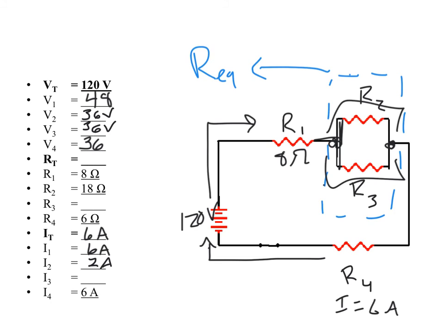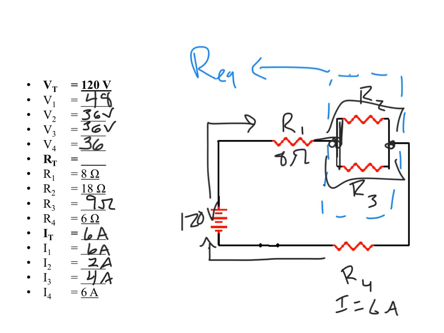So that means the current through 3 has to be 4 amps because they have to add up to 6. So now I know the current through 4, and so resistor 3 is, I know its voltage is 36 and the current is 4, so 36 divided by 4 is 9.